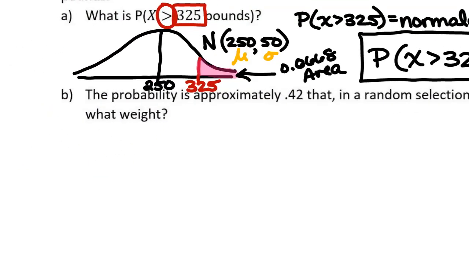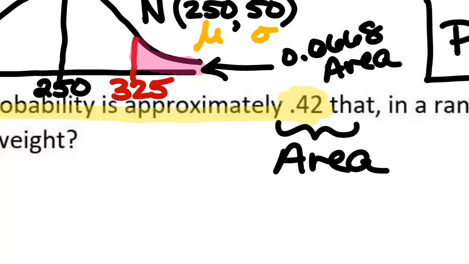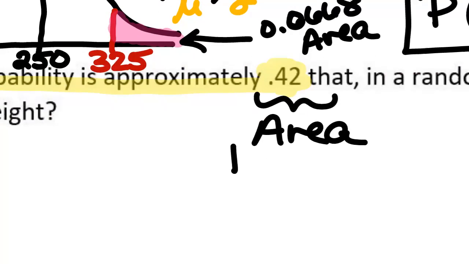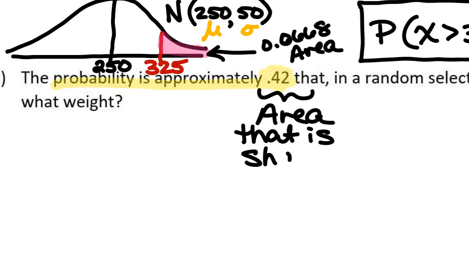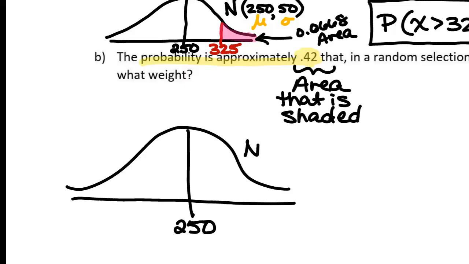For part B, they told us the probability. This is the area under the curve that needs to be shaded. Still 250 right down the middle. 250 and 50 next to my n.